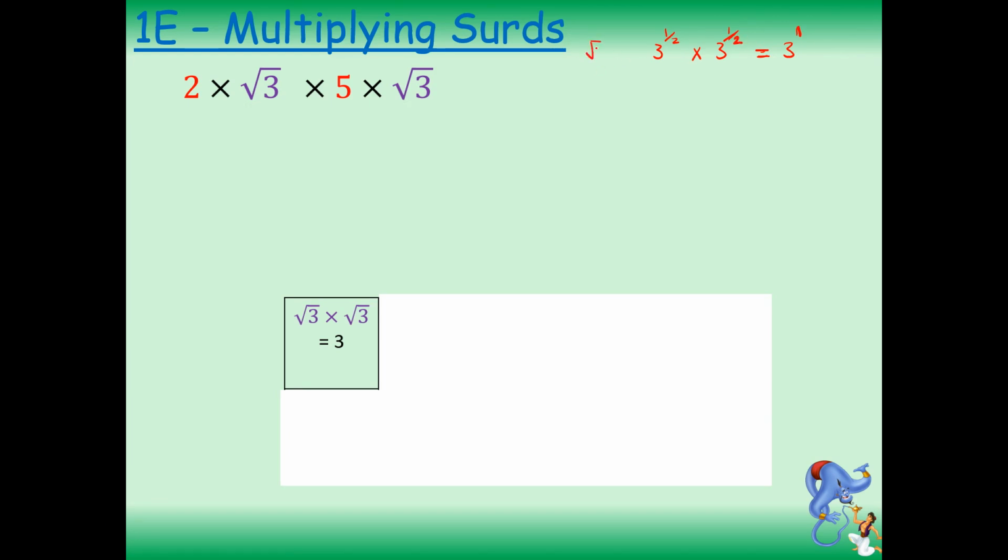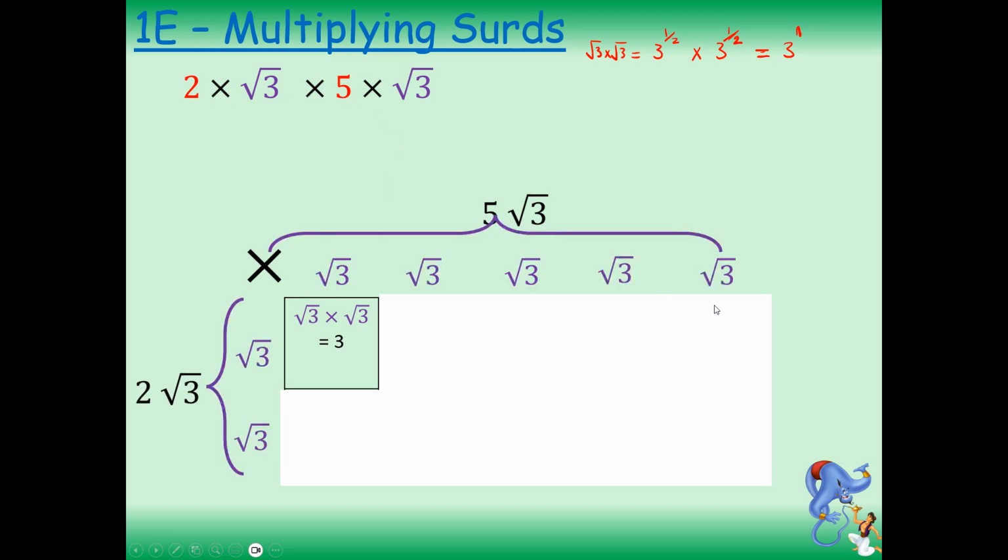That's what it is. Square root of 3 times the square root of 3 is this. Alright, so what about the 2 and the 5? Well, you can just simply think of 2 times 5 times 3. If you think about the expansion here, I've got 5 lots of root 3 and 2 lots of root 3.